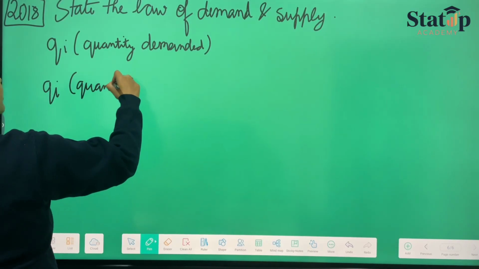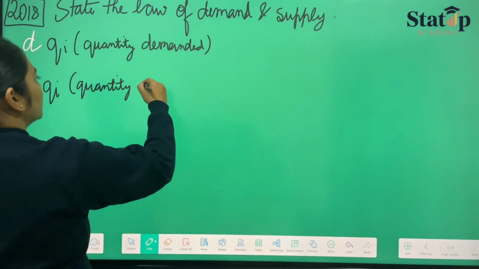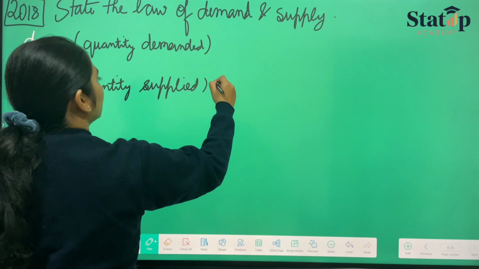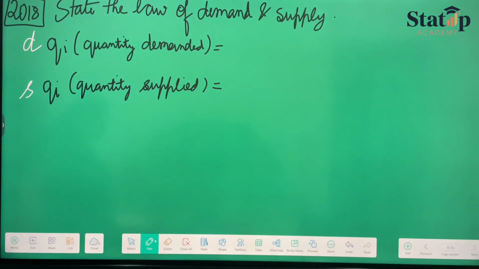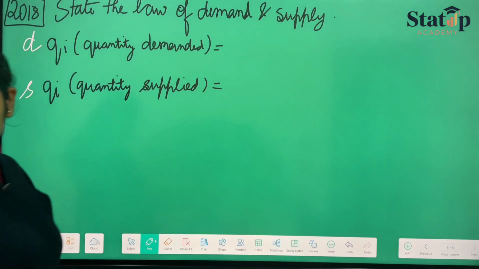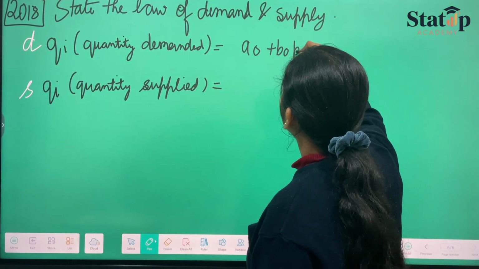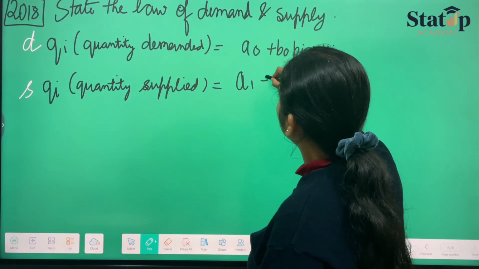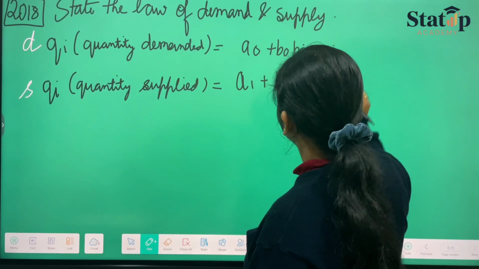So this is the demand function, as we can see, and this is the supply function. This has been given to us in the form of equations: A naught plus B naught Pi plus Ui, and A1 plus B1 Pi plus Vi.